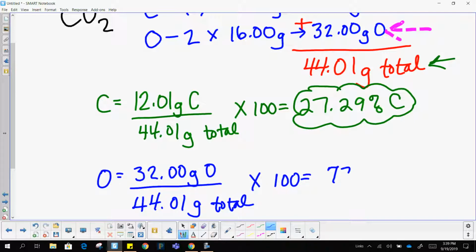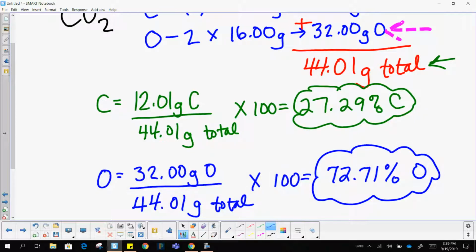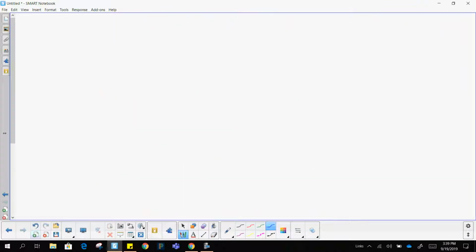So for oxygen, you actually get 72.71% by mass. So carbon dioxide, regardless of how much of it you have, should always be 27.29% carbon by mass and 72.71% oxygen by mass.